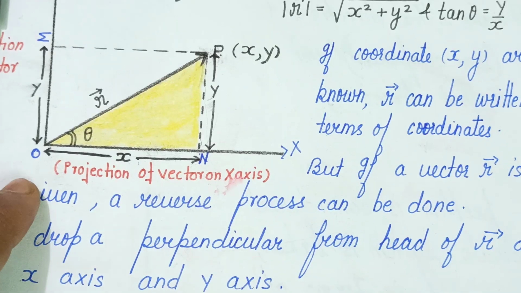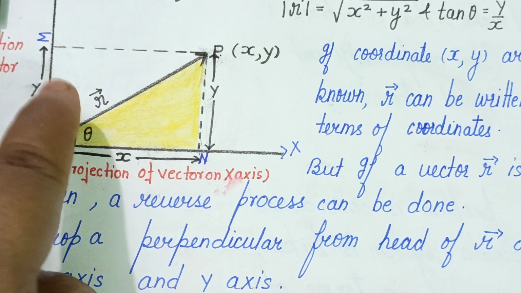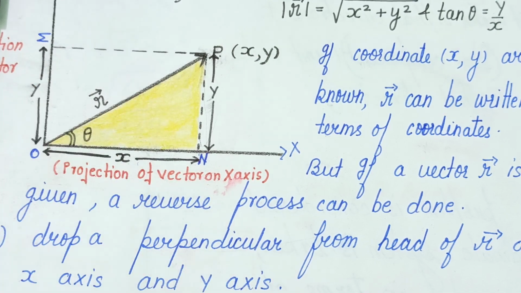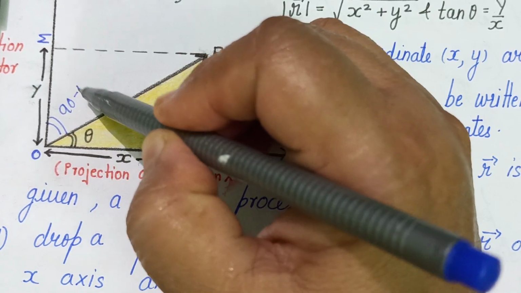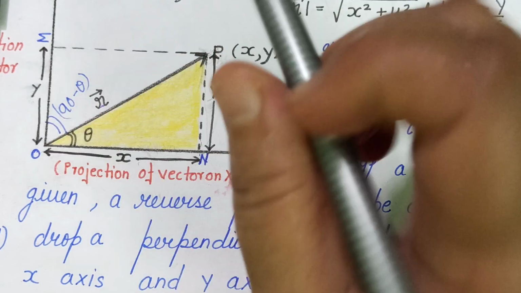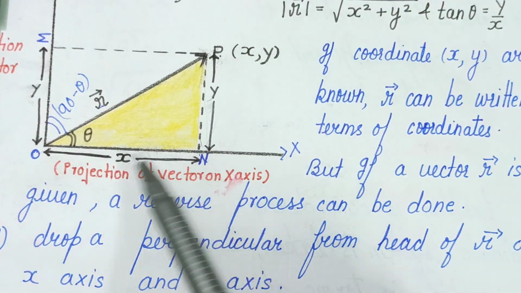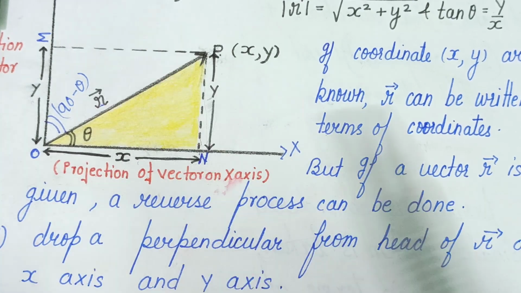or we can say that the component which is not making angle theta but making angle 90 minus theta with the vector r. The component which is making angle 90 minus theta with the vector is always the sine component, and the component which is making angle theta with the vector is always the cos component.